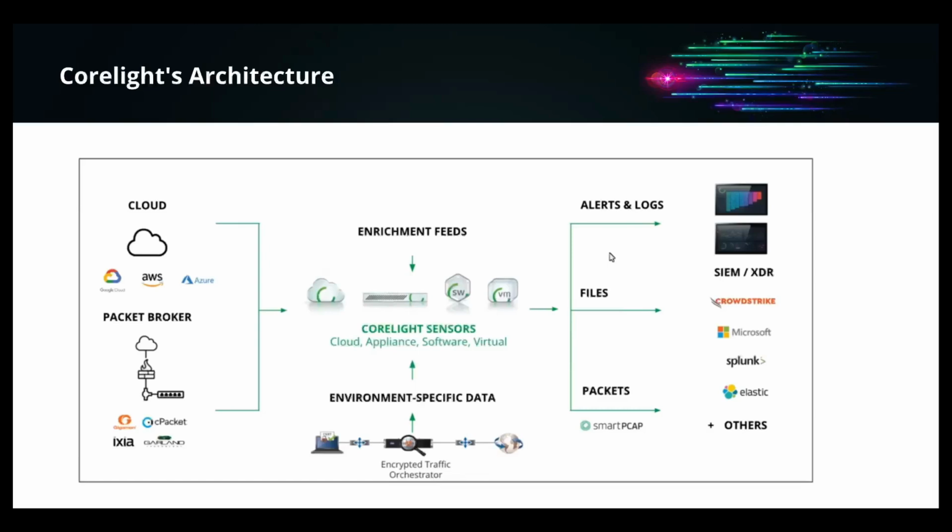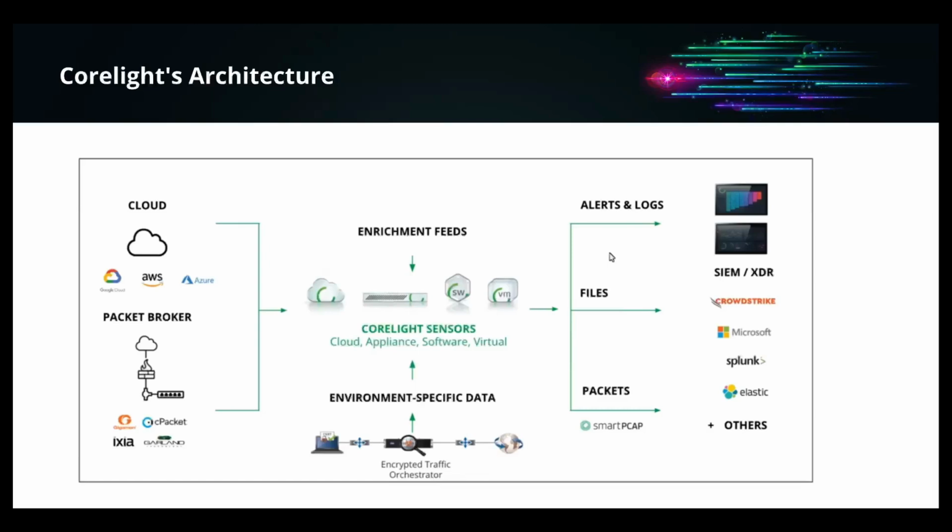Once raw traffic is collected, Corelight utilizes a Zeek module to extract metadata, and we use detection mechanisms like Notice, which is Zeek. We use Suricata, and on top of that, we are using machine learning as well to detect threats.